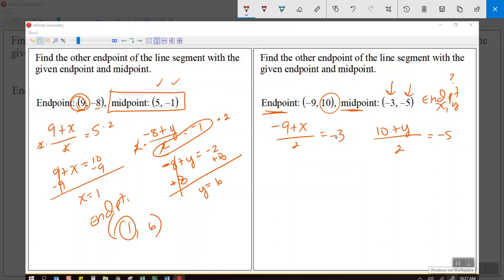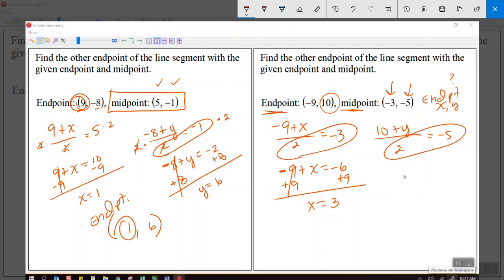And now you just multiply by 2. -3 times 2 is -6. This is -9, so you have to do +9. x equals 3. Multiplying both sides by 2, you get 10 plus y equals -10.